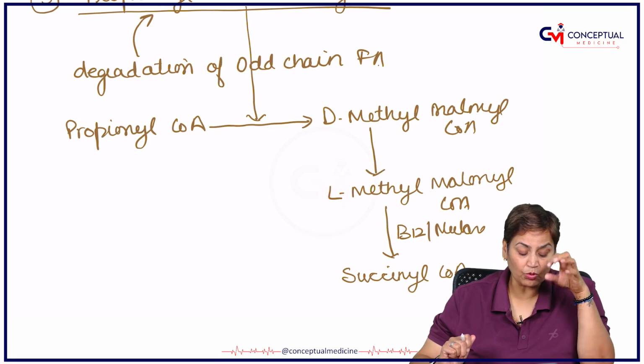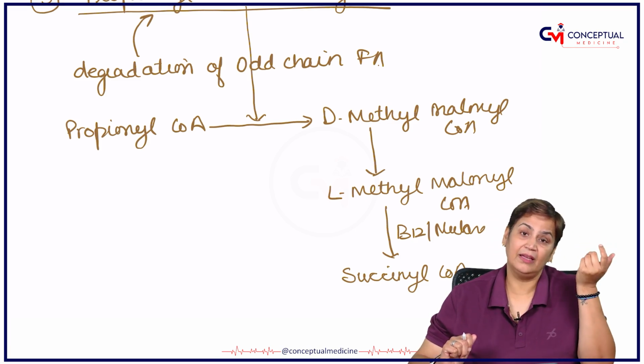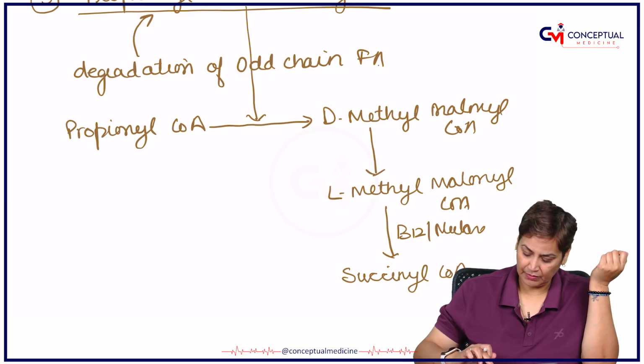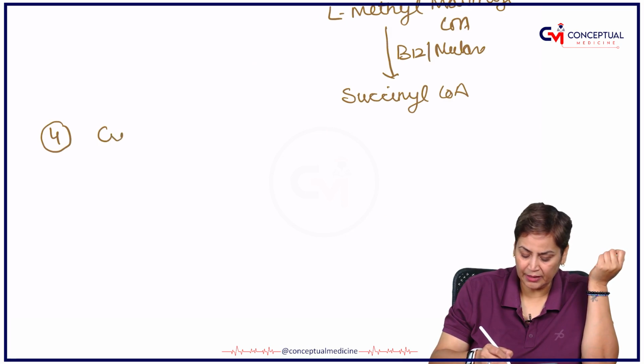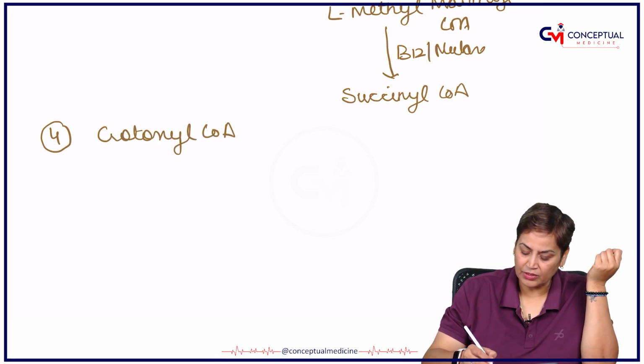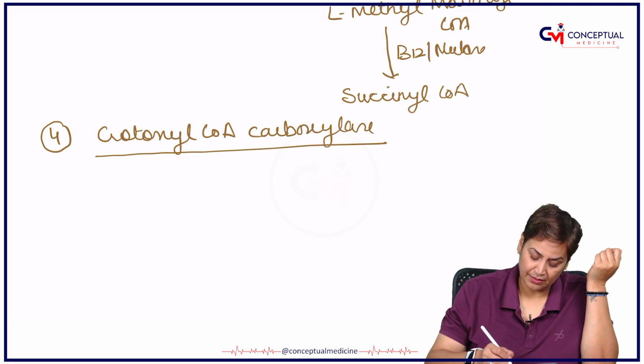Why? Because most of the important carboxylation reactions will be absent. And then the fourth reaction is propionyl coenzyme A carboxylase. This enzyme is used in leucine metabolism.